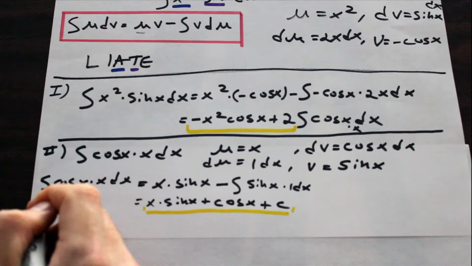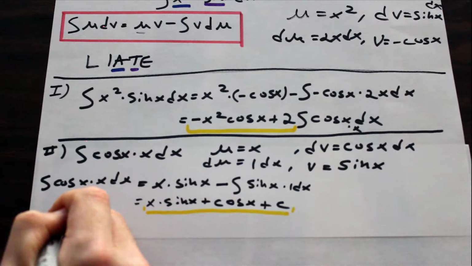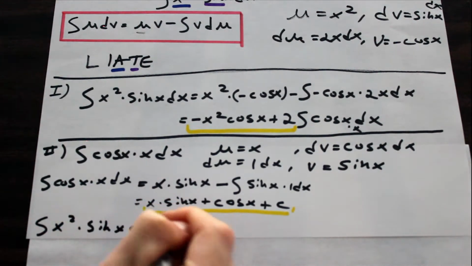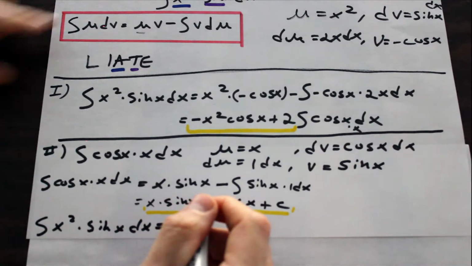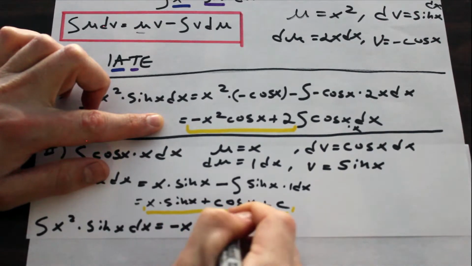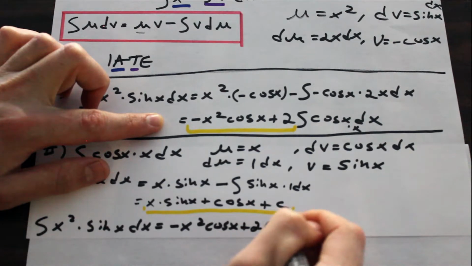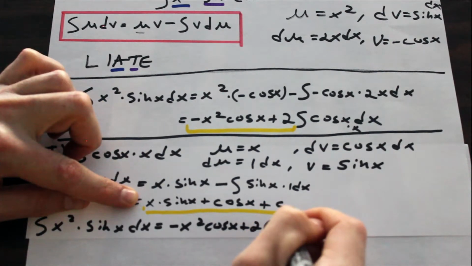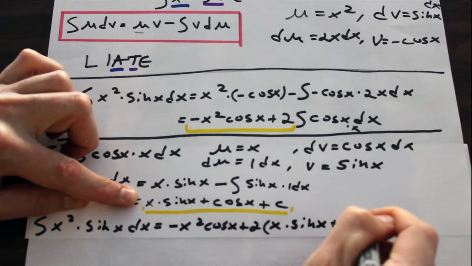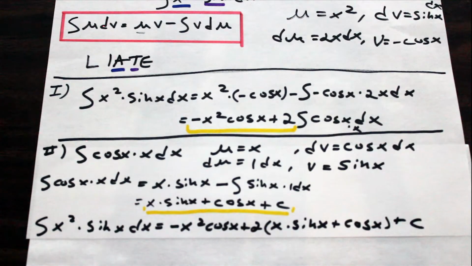So our final solution is the integral of x squared times sine x dx, which is what we wanted to find, equals negative x squared cos x plus 2 times x sine x plus cos x, and this entire expression plus c.